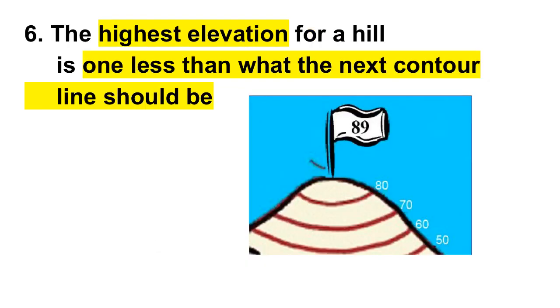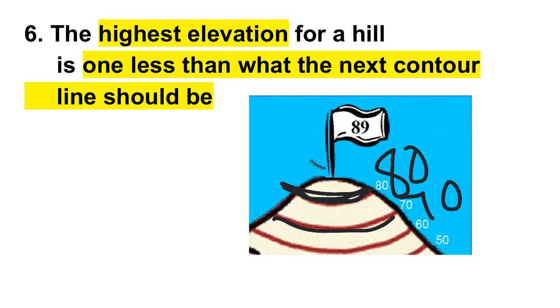Number 6, the highest elevation for a hill is always going to be 1 less than what the next contour line should be. So on this picture, this very top contour line is 80. The one below that is 70. So they're going up by 10s.